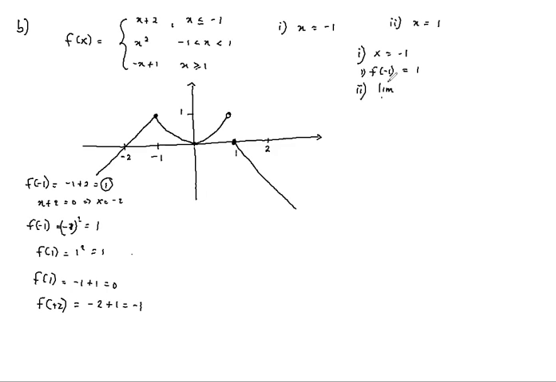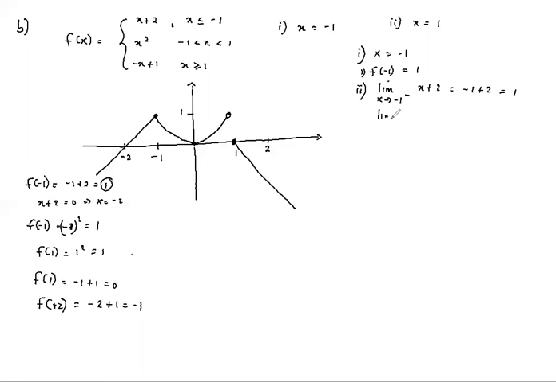Now the limit as x goes to negative 1 from left. From left, it will use this line, that's the line that is coming from left of negative 1. So use that function, which is negative 1 plus 2, which is 1.